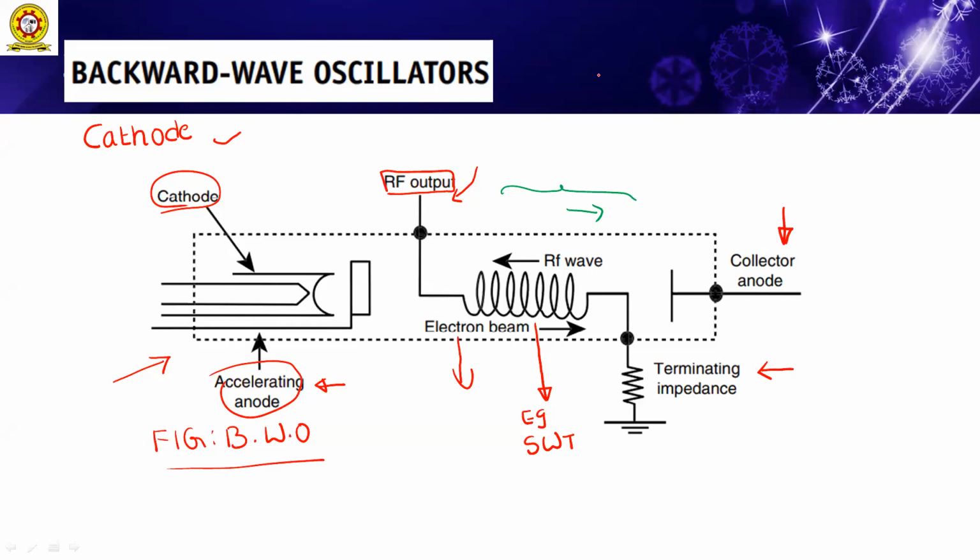The basic backward wave oscillator has a construction similar to our regular traveling wave tube. Apart from that, it has quite different features of its own. So let us look.